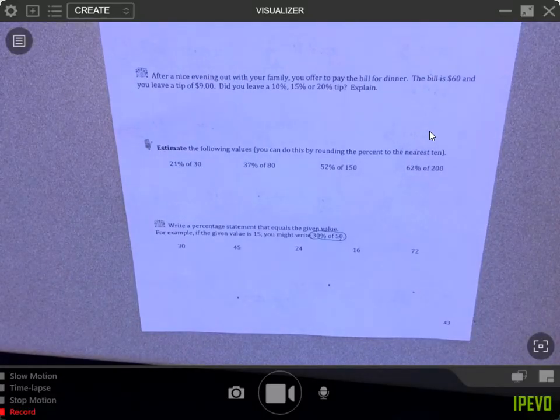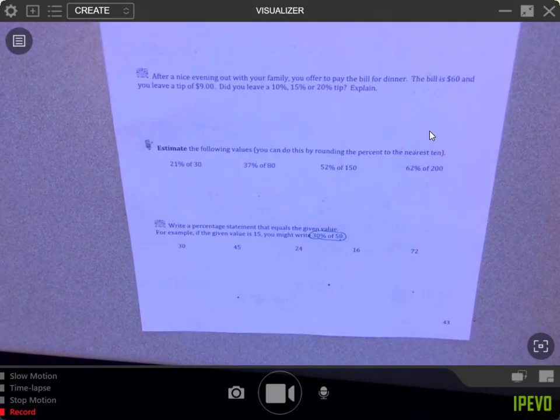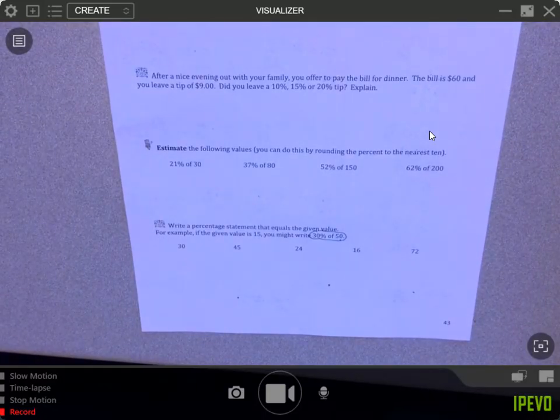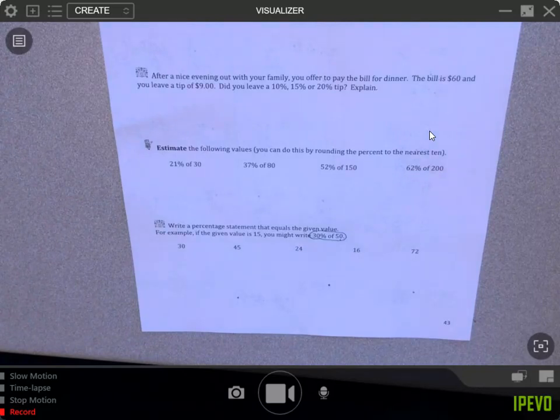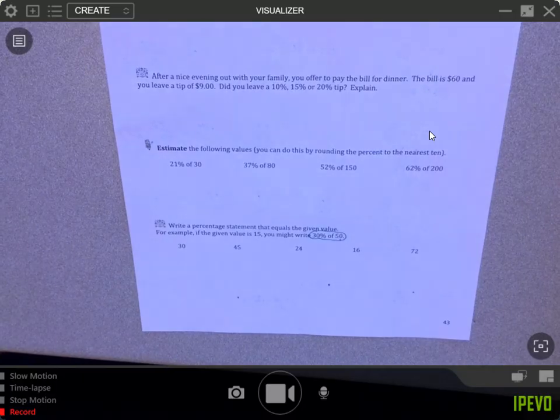What percentage of what number would be 30? Michael? Graham? So let's look at that. Eight percent of what?